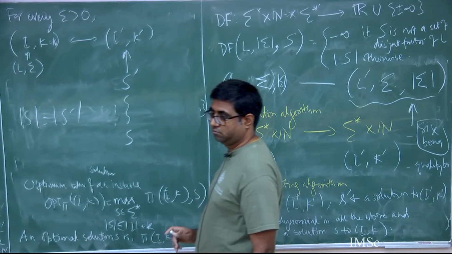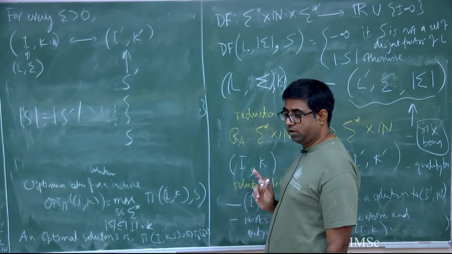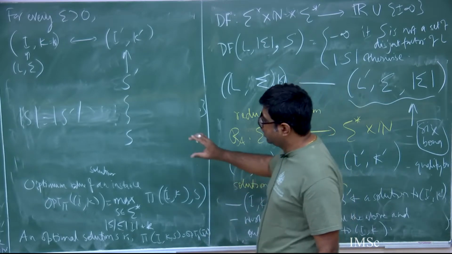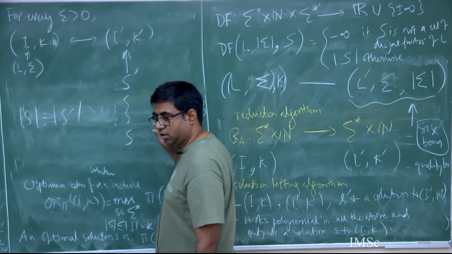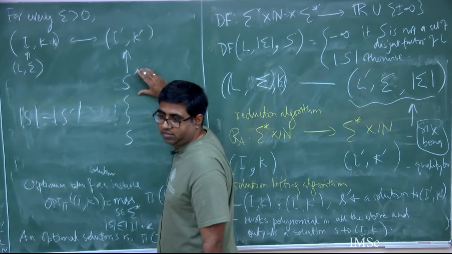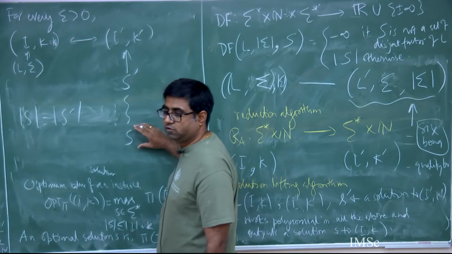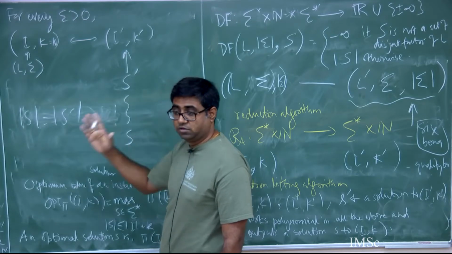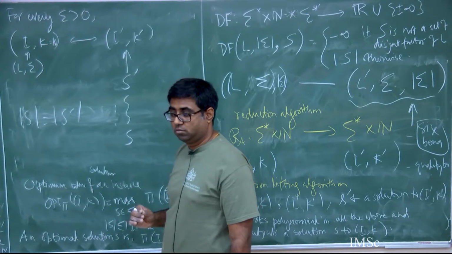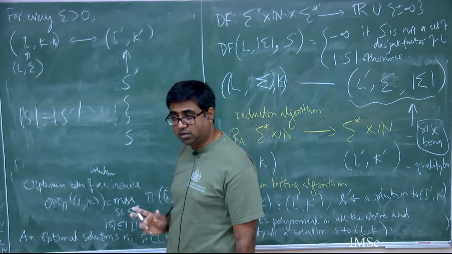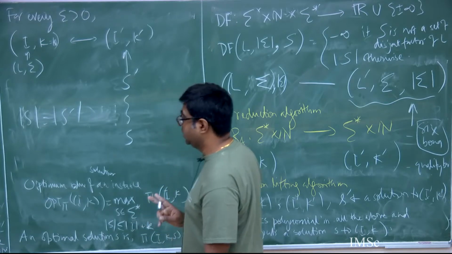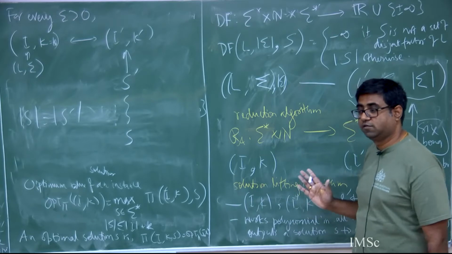What did I say? That if you give me S prime of length 10, I will return you a solution of length 10 in the original graph. Now, that does not mean that I have not lost something.